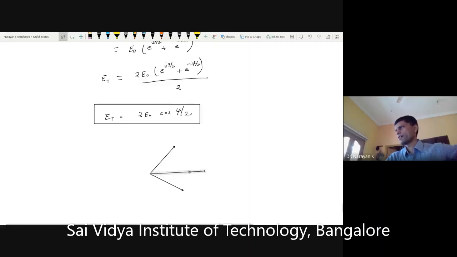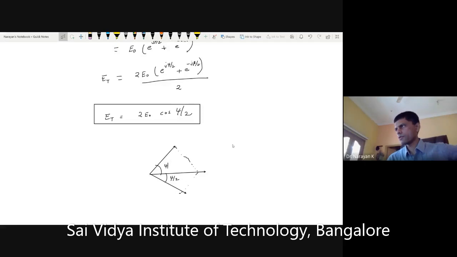So this is the vector diagram for that. This angle is your psi by 2.